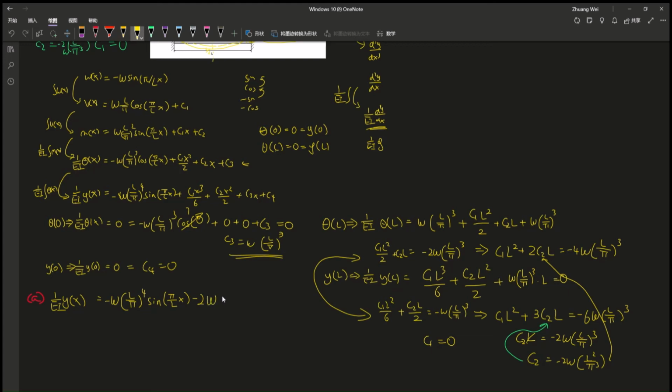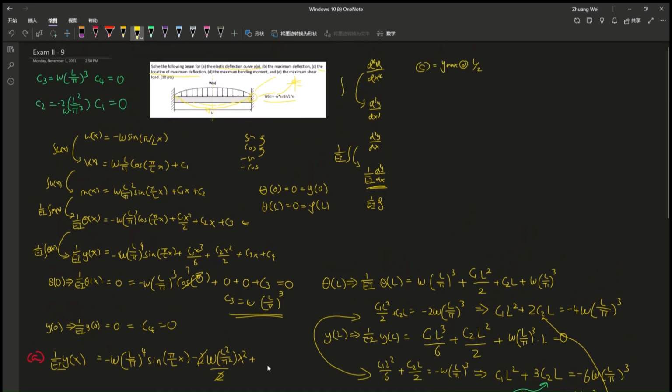So W L over pi to the power 2 times x squared, and then over 2, right? So this cancels out. And I'm plugging in C3, which we already calculated. What is C3? C3 is W L over pi to the power of 3, and then times x, right?